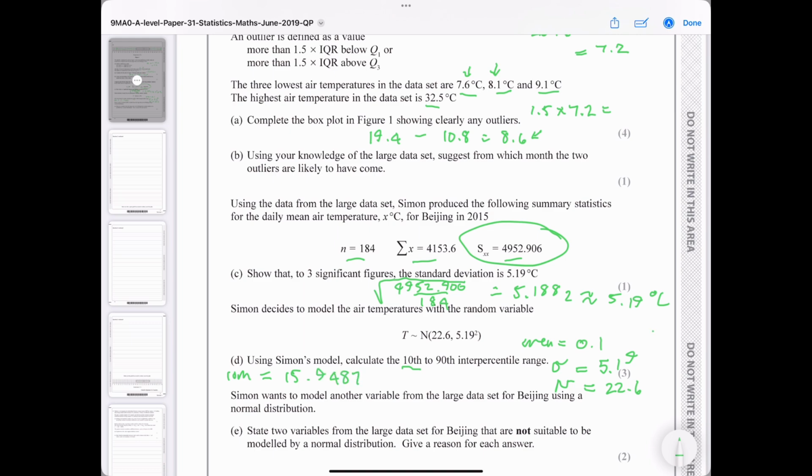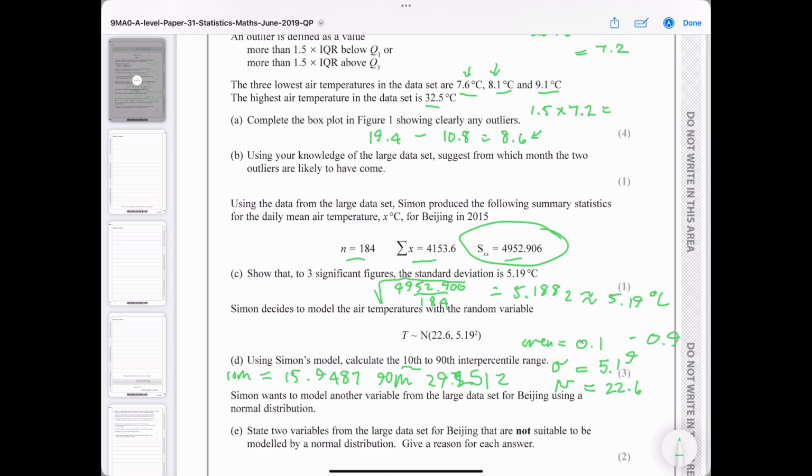Now then for the area, for the 90th, you put in 0.9. So go back, go inverse normal, and put in 0.9, and then that will give you 29.251. So the 90th equals 29.251.